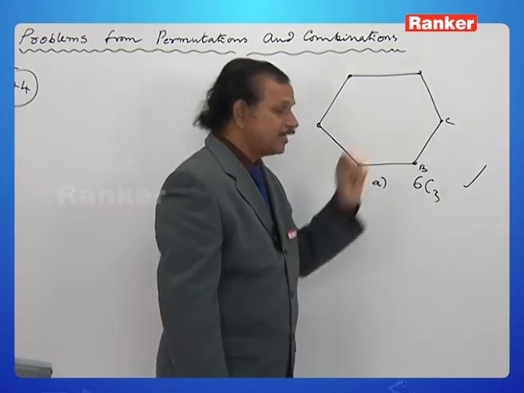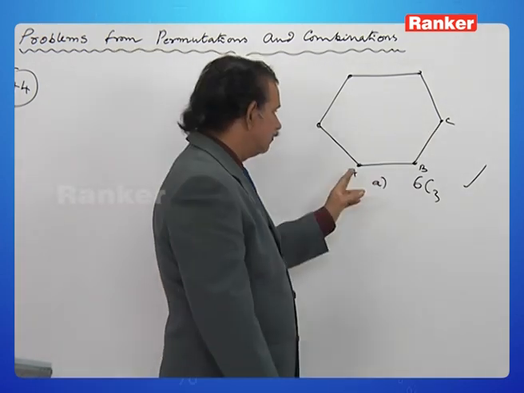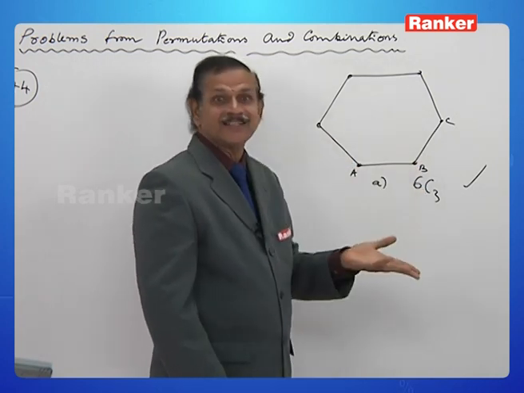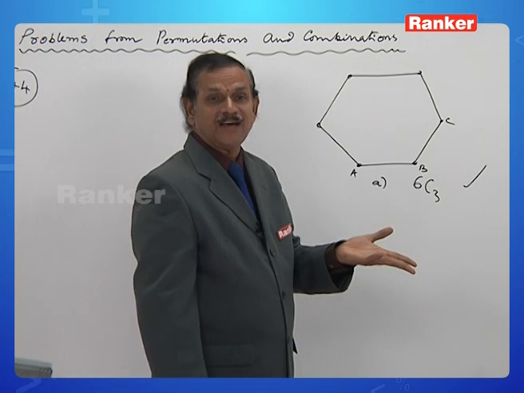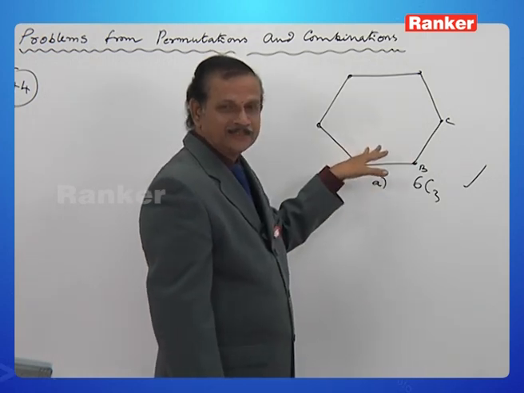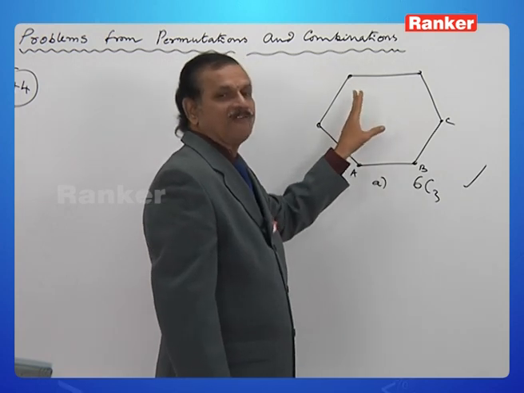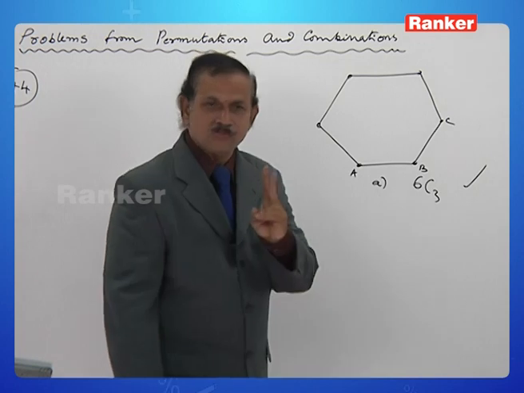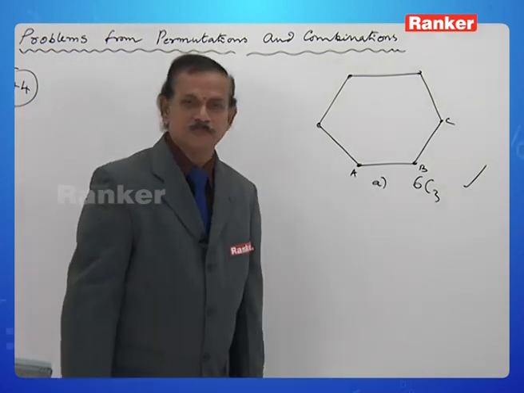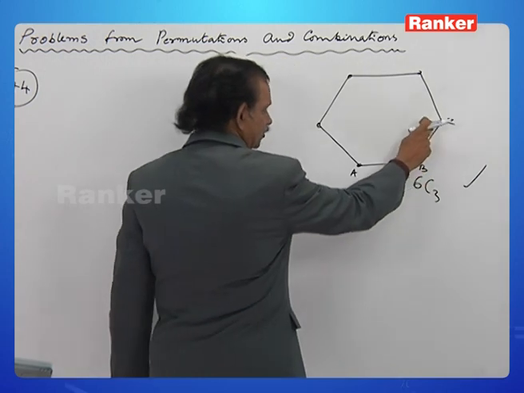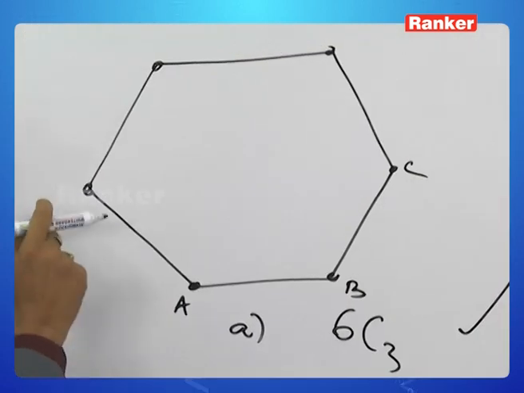If you choose C, what is going to happen? In the triangle ABC, 2 sides are in common with the polygon. No, we are not supposed to have 2 sides in common. We are supposed to have only one side in common. So, you are not supposed to choose C and this also.